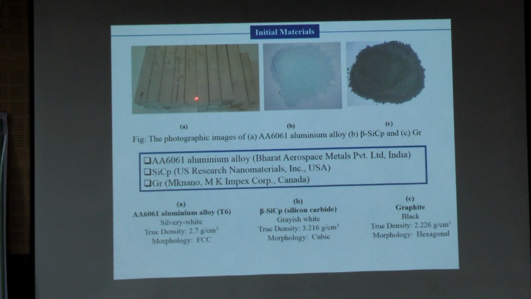So this is the initial aluminum alloy, and this is SiC particles, and this is the graphite particles. So we can test the purity of this matrix as well as the nanoparticles separately by using XRD and other things.